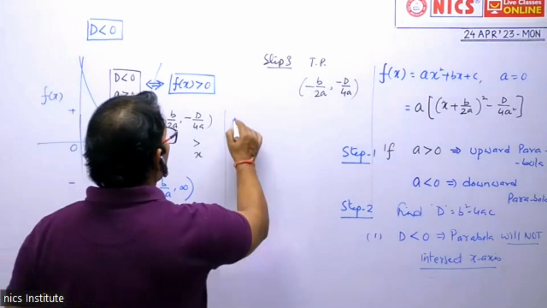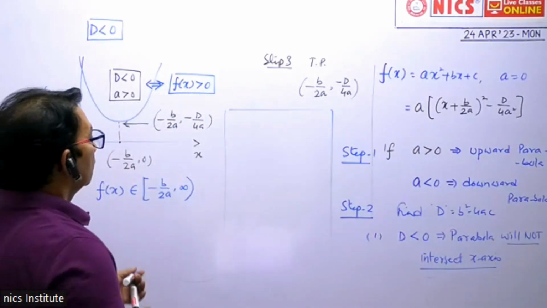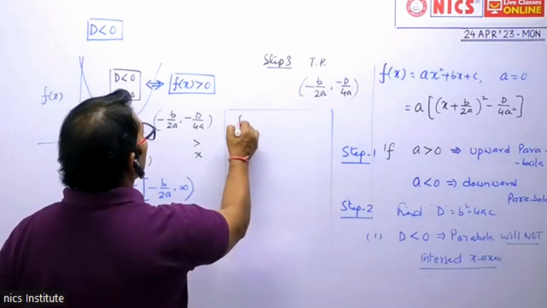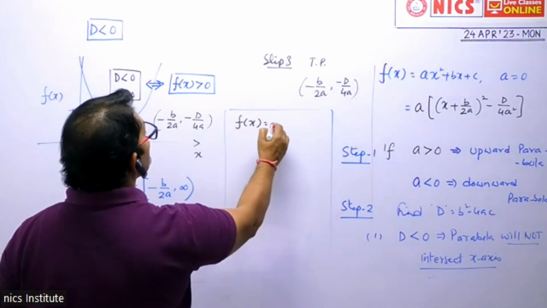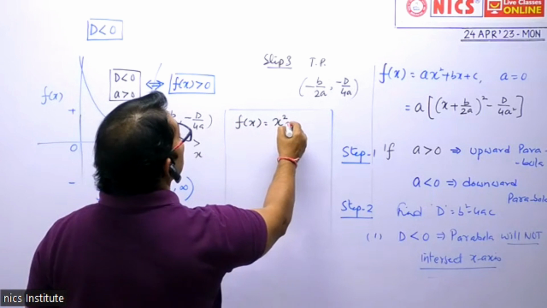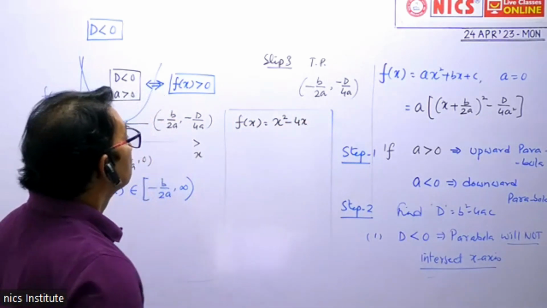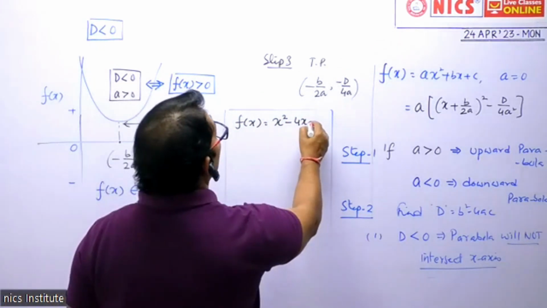Let's take an example also. Suppose we have a quadratic expression like this: x square minus 4x plus 5.